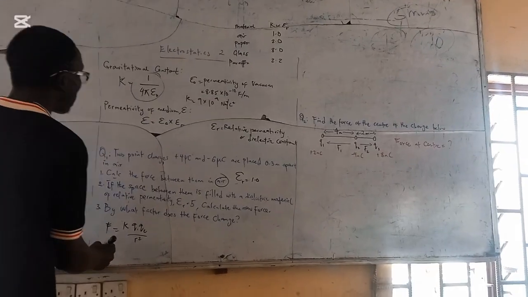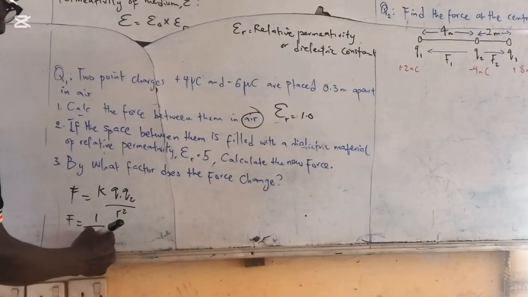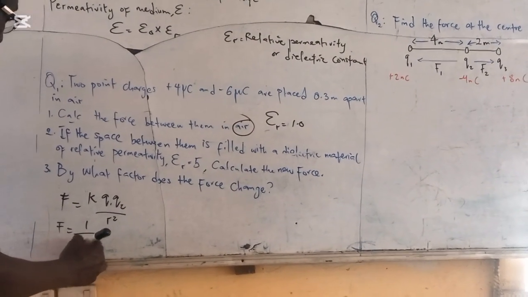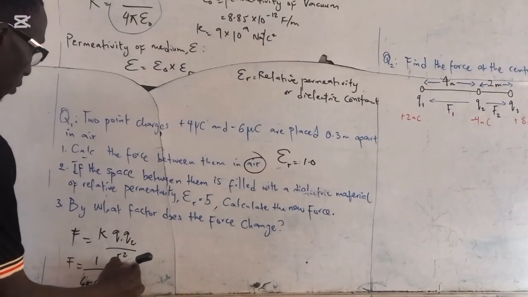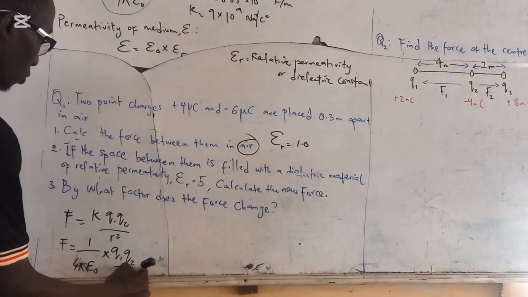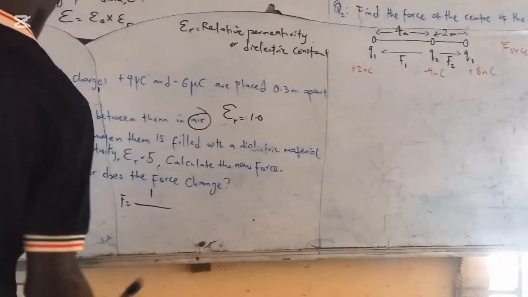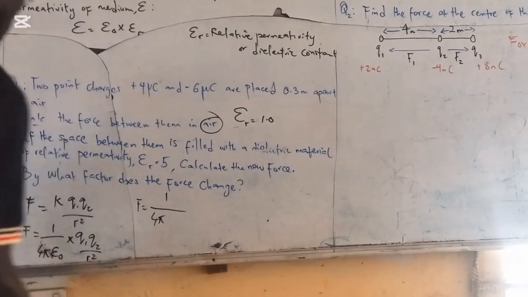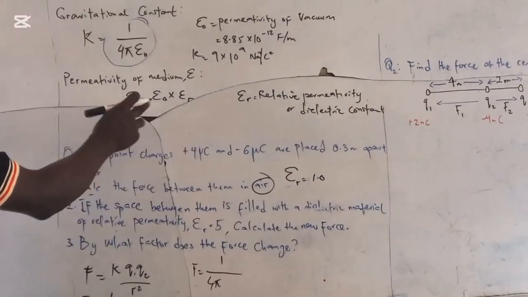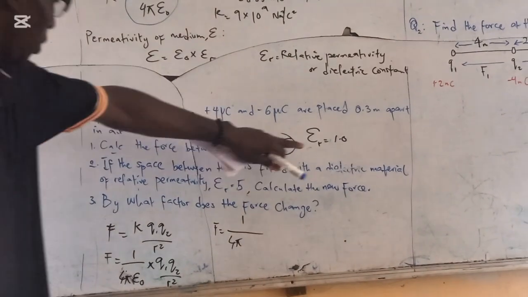So F equals 1 over 4 pi epsilon naught, multiplied by Q1 Q2 over r squared. And for the permittivity, we know epsilon r, and we know that it is epsilon naught times epsilon r, so we insert 1.